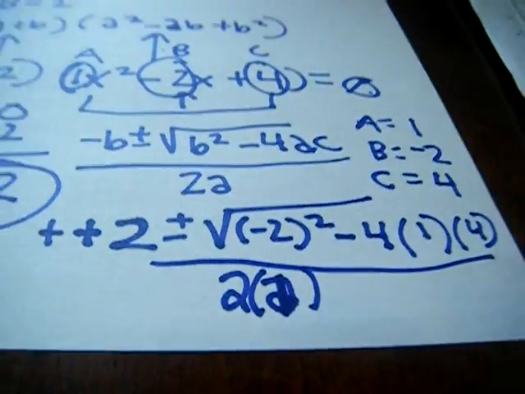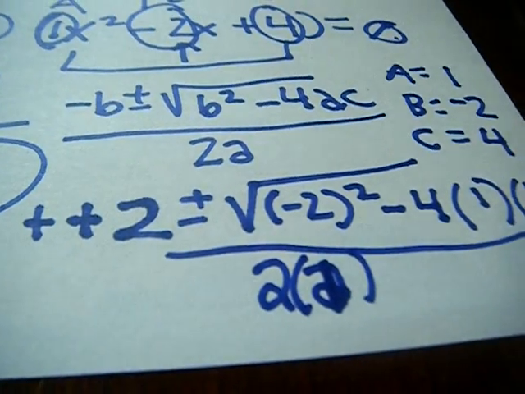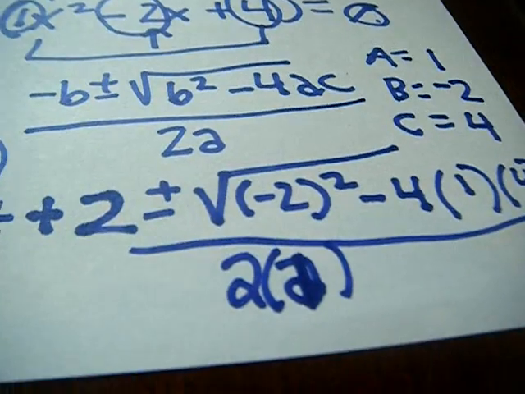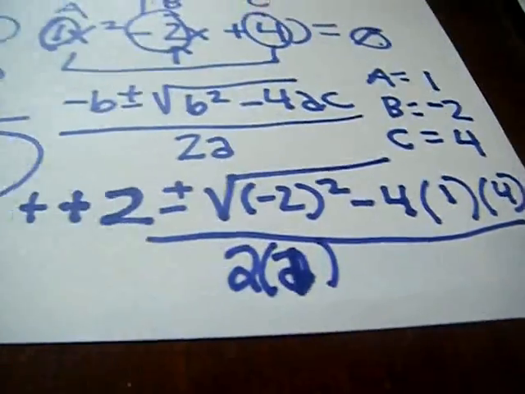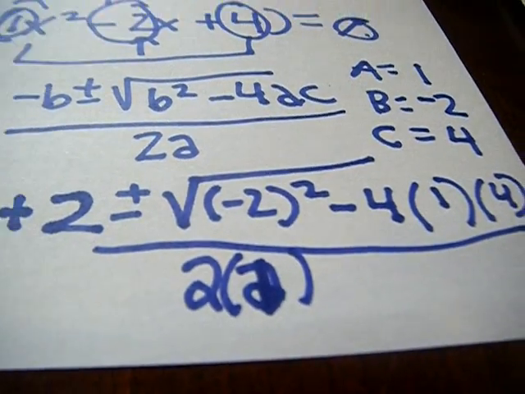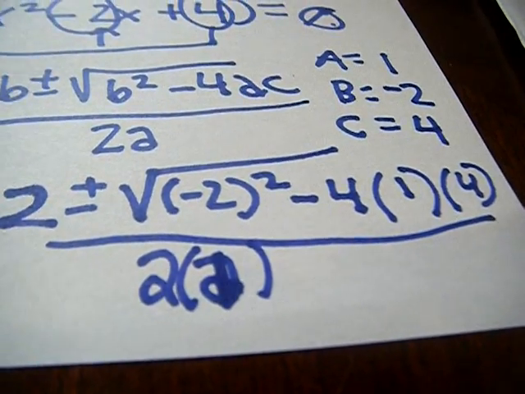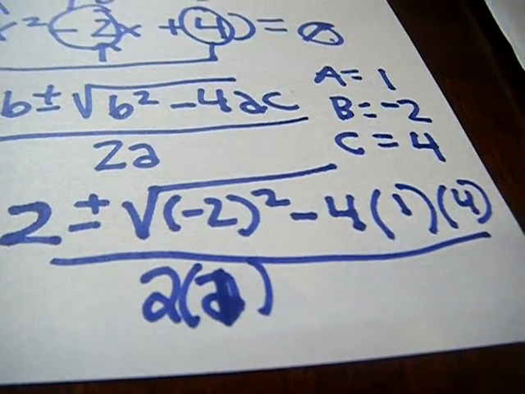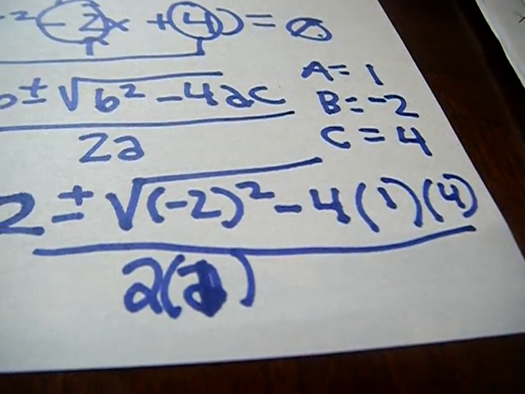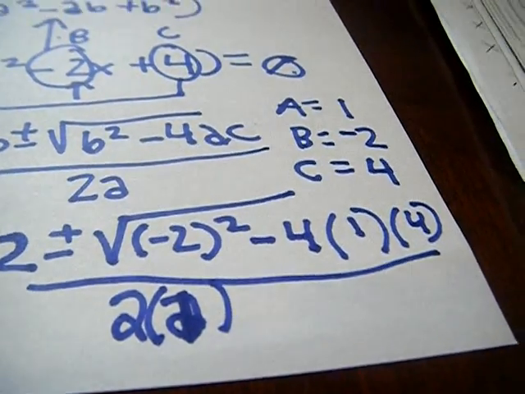So if we simplify this, we have positive 2 plus or minus the square root of, here, you can see it here, negative 2 squared is equal to positive 4 minus 4 times 1 times 4, which equals negative 16, all over 2 times 1, which is 2.